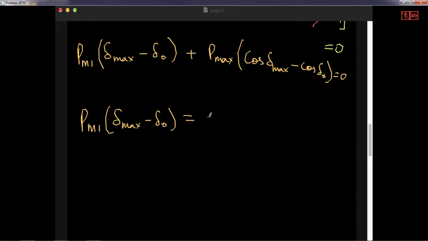I'll just take it to the other side, so the sign will reverse: cos of delta naught minus cos of delta max.